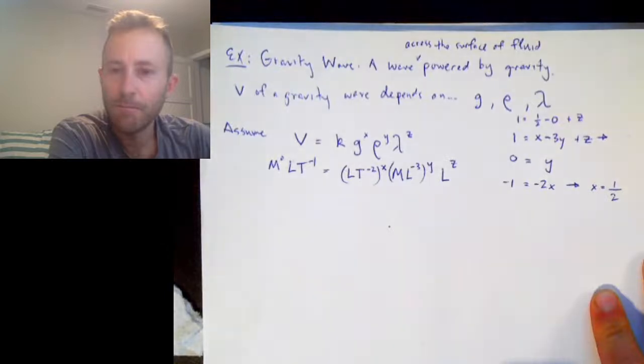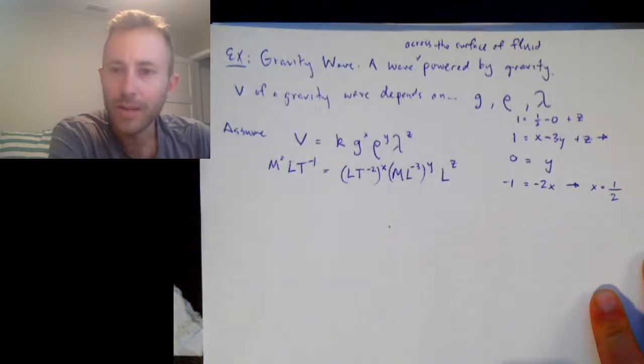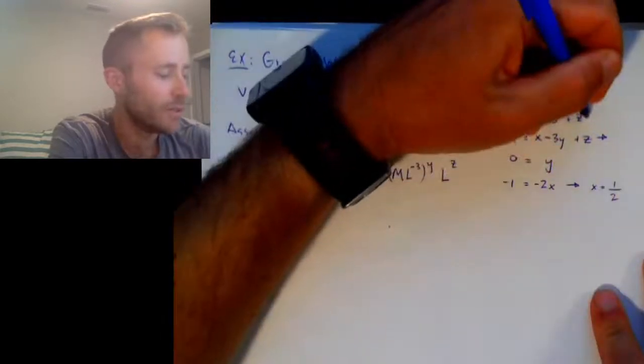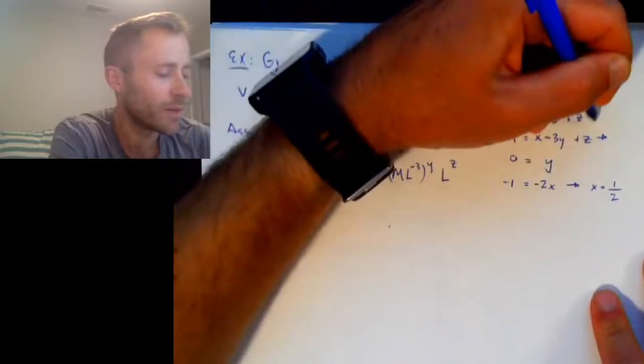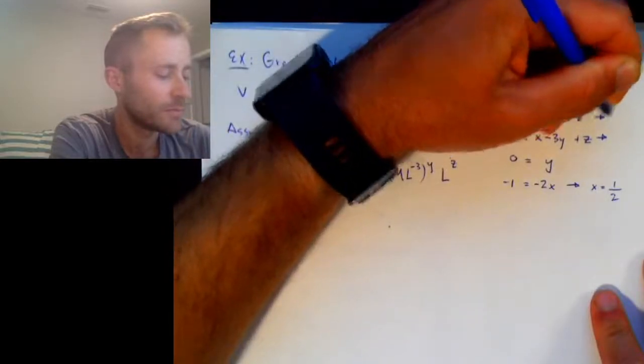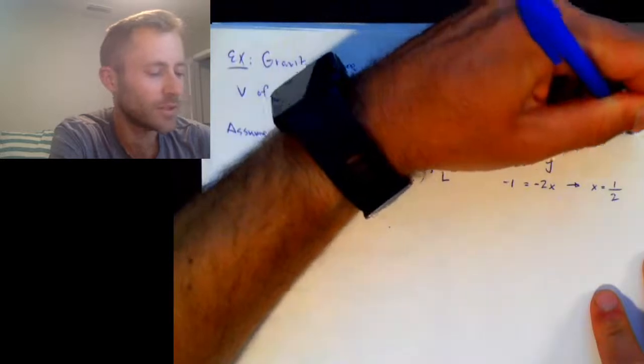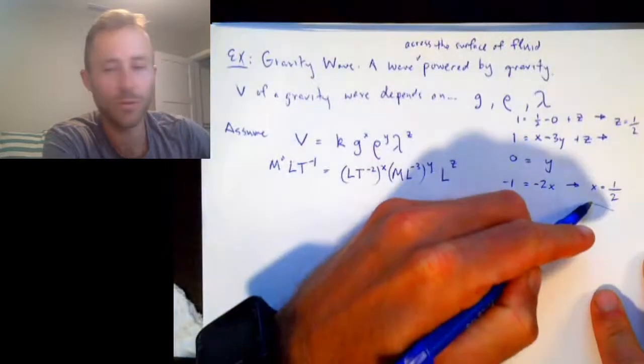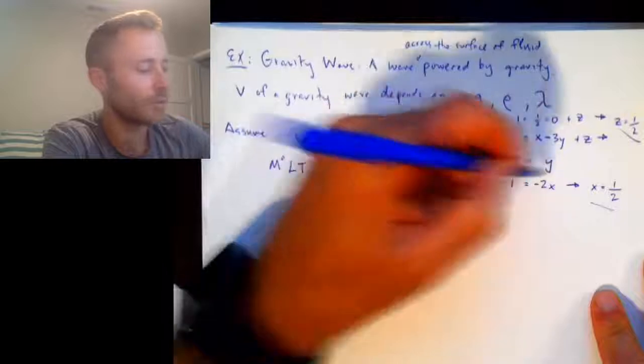All right. So that says that z equals 1/2. So z equals 1/2, x equals 1/2, and y equals 0.